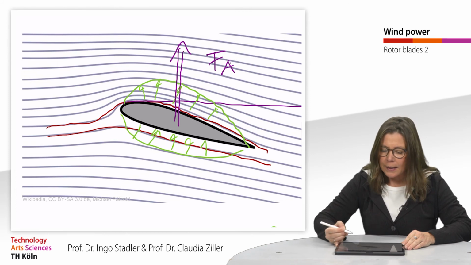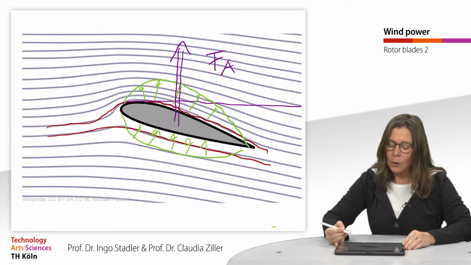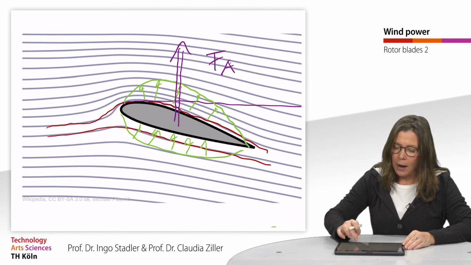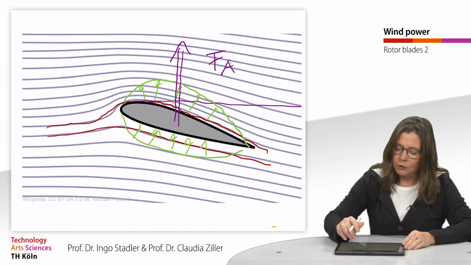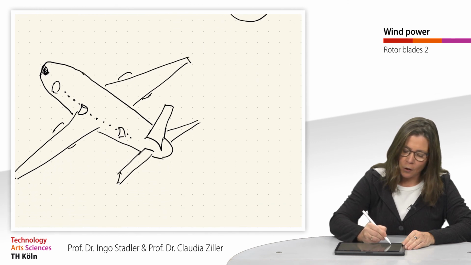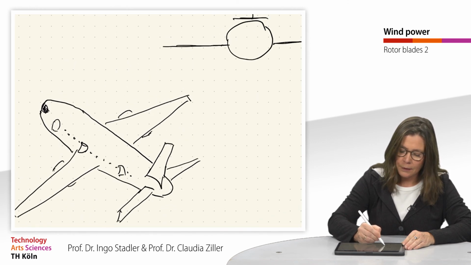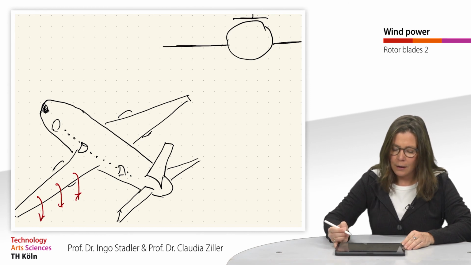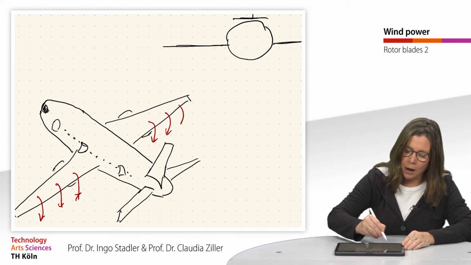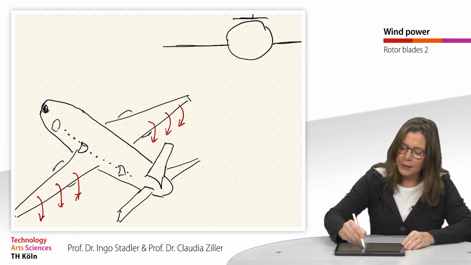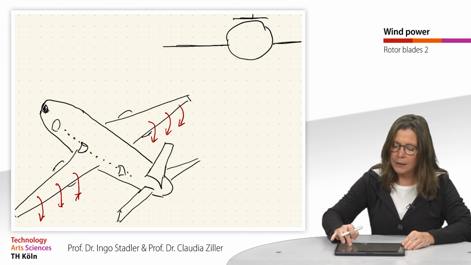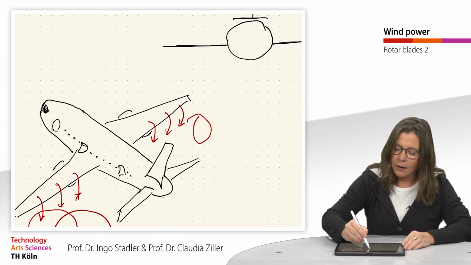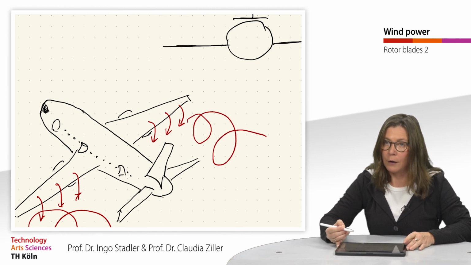Okay? So this is a 2D way to explain it. In 3D, it's more complicated. So I draw the little airplane, and I draw the streamlines following the curvature. So the air flows down behind the airfoil wing, and then it will come up somehow, and you have a 3D circular air movement at the airfoil or airplane.